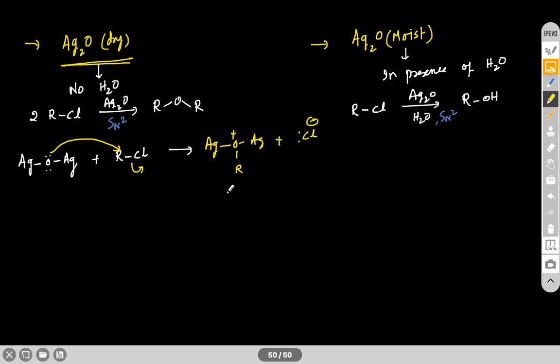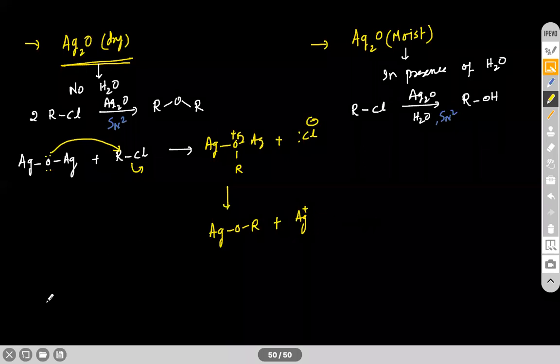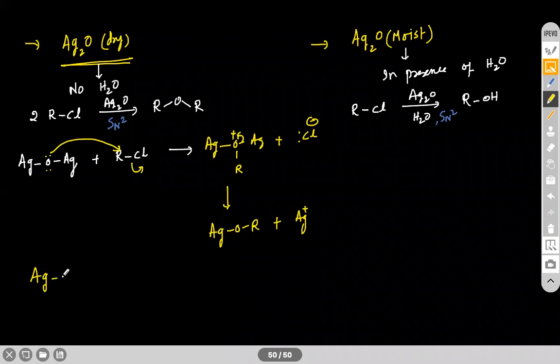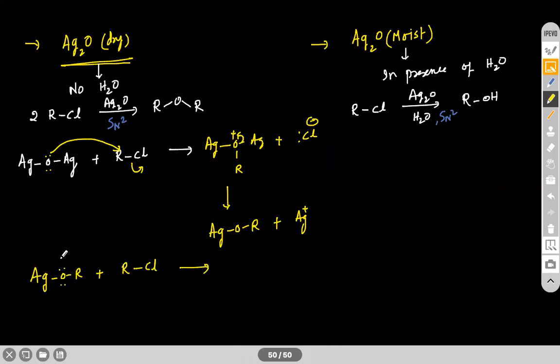Okay. Now from this, Ag plus comes out, leaving this electron pair on this oxygen. It then forms AgOR, and Ag plus goes out, which combines with Cl minus to form AgCl. But in the next step, what happens? This AgOR reacts similarly with another molecule of RCl, since we are using two molecules of this. Okay.